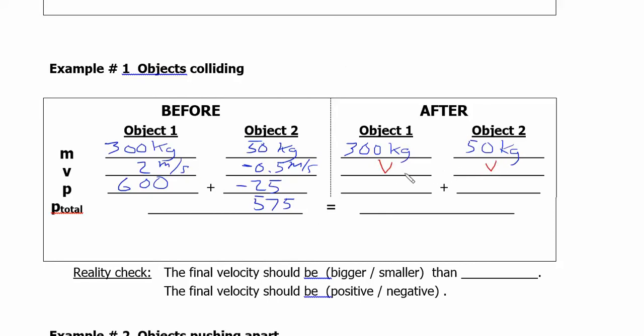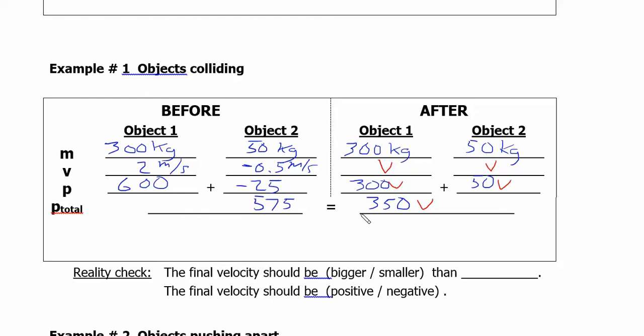So we're going to put a v as the variable that we're going to solve. So to find the momentum, we can do 300 times v and 50 times v. This time, both of these terms have a v, so they are like terms, so we can add them together. 300v plus 50v is 350v.